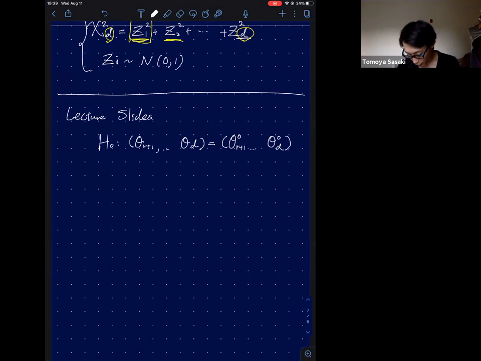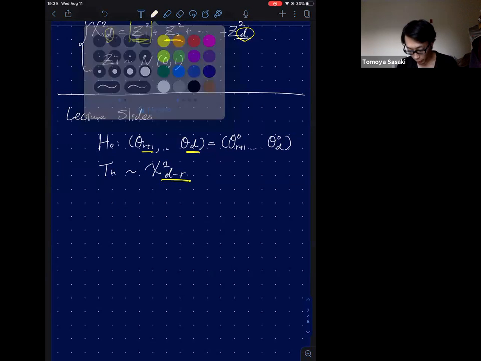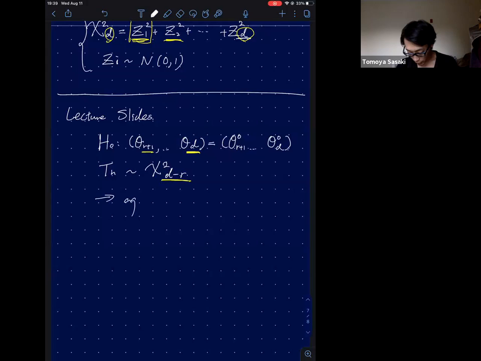And the test statistic for this hypothesis is going to be d minus alpha. In this case, we're fixing r plus 1 to d, so we're fixing d minus r parameters. We're interested in d minus r parameters, and the other r parameters are something that we're agnostic about.